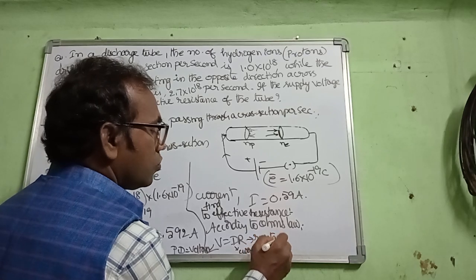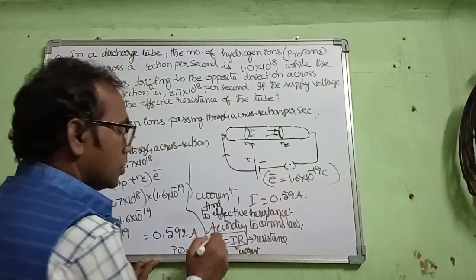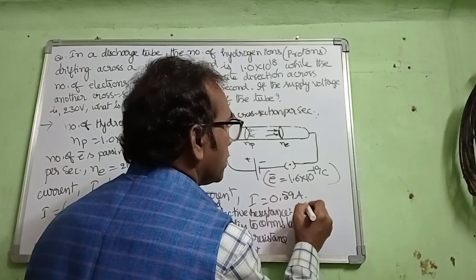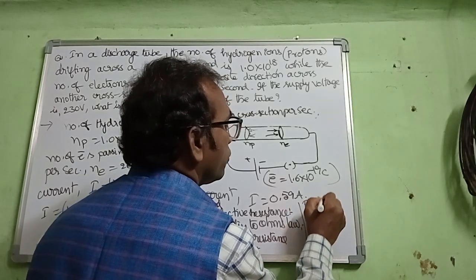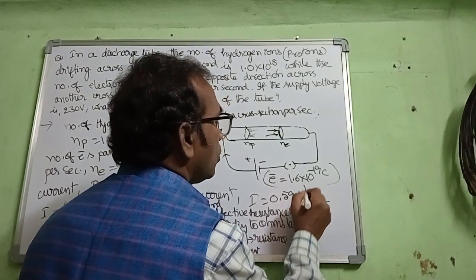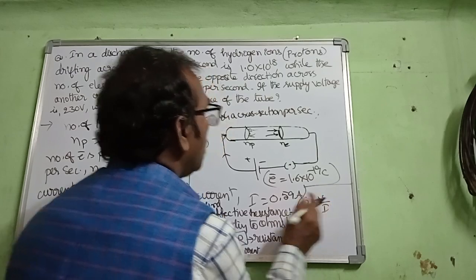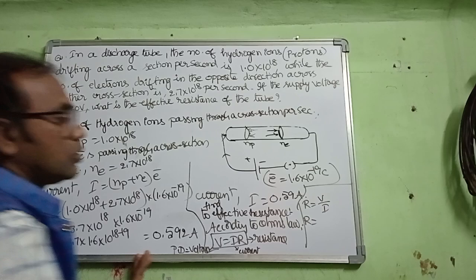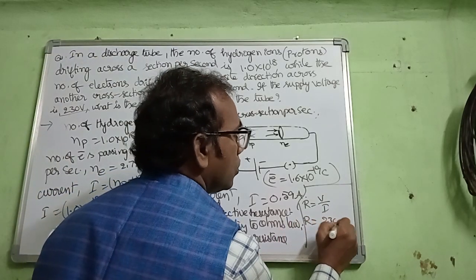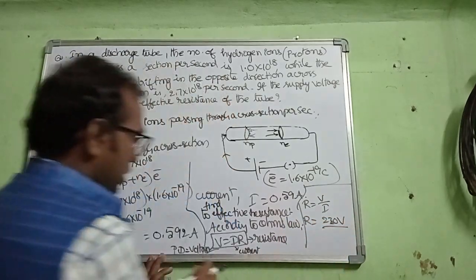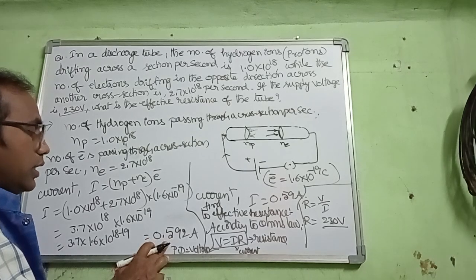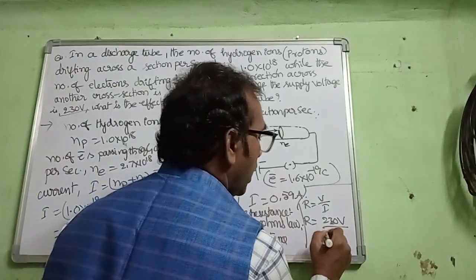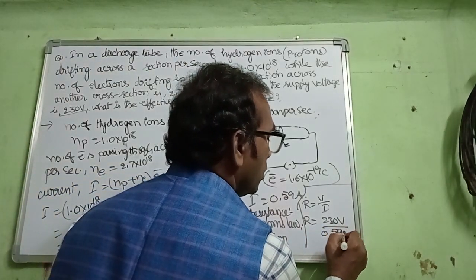Now what we have to find is R. So R equals V by I. The voltage given is 230 volt, and the current we got is 0.592 ampere.